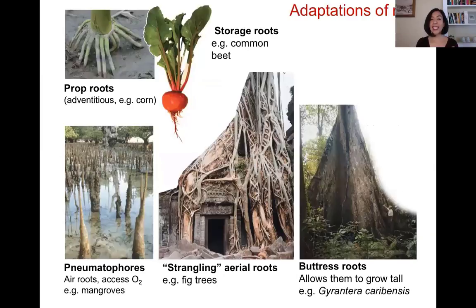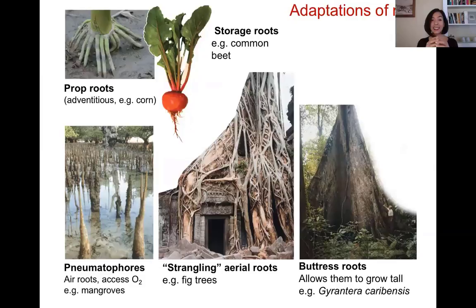In here, you can see different adaptations of the roots. In maize or corn, we have adventitious roots or prop roots that help with the stabilization of the stem. The storage roots are another type of modification that some plants have.